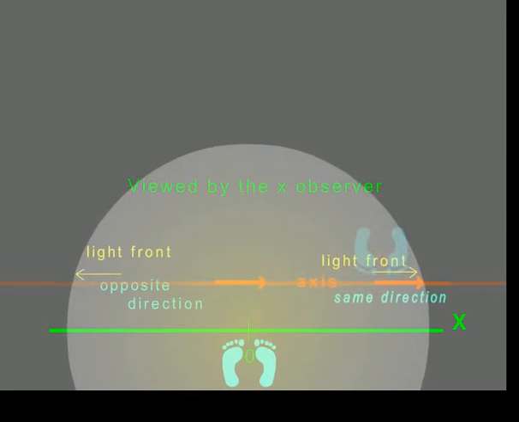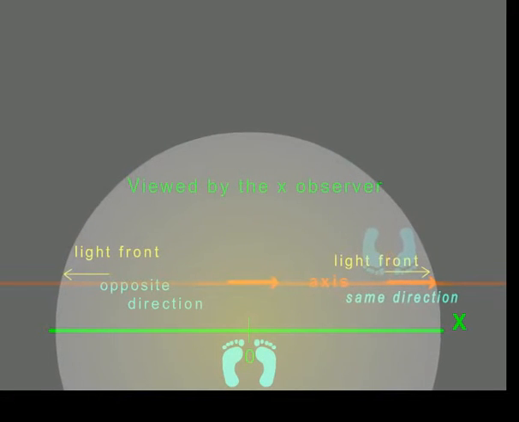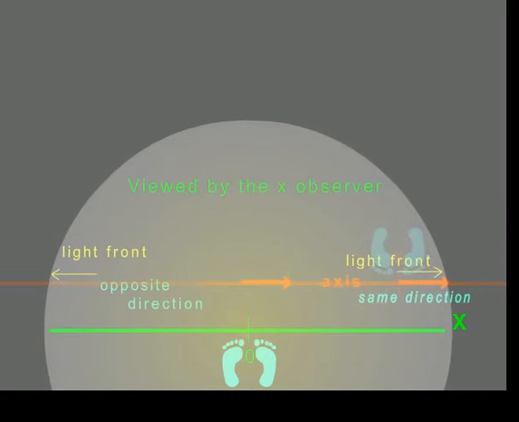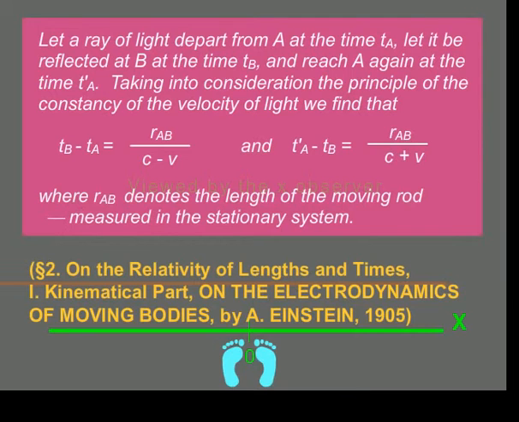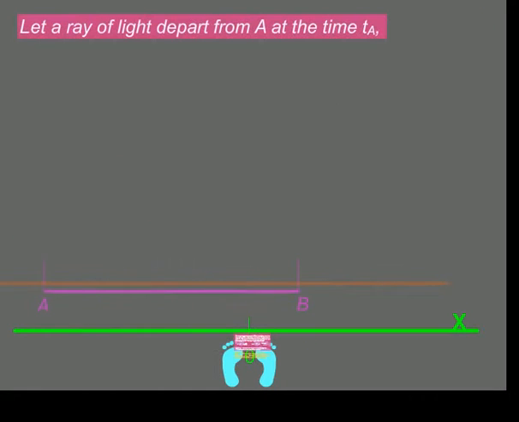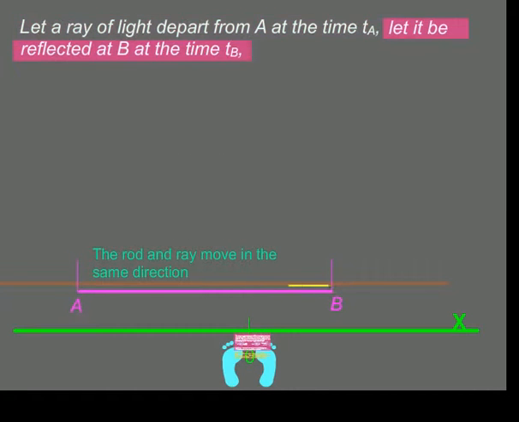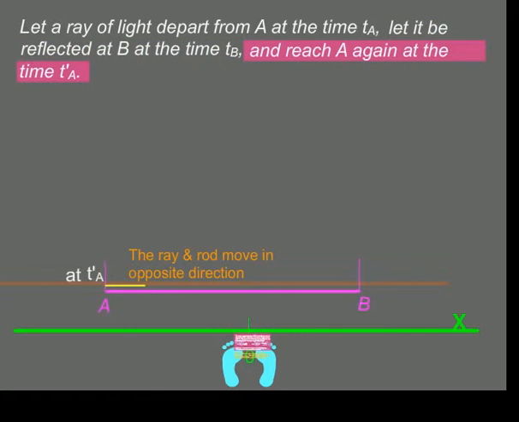How would relativity guide the observer to calculate the distance change in situations like this? Here is a quoted paragraph that is following the aforementioned quotation. Let a ray of light depart from A at the time ta. Let it be reflected at B at the time tb, and reach A again at the time ta prime.